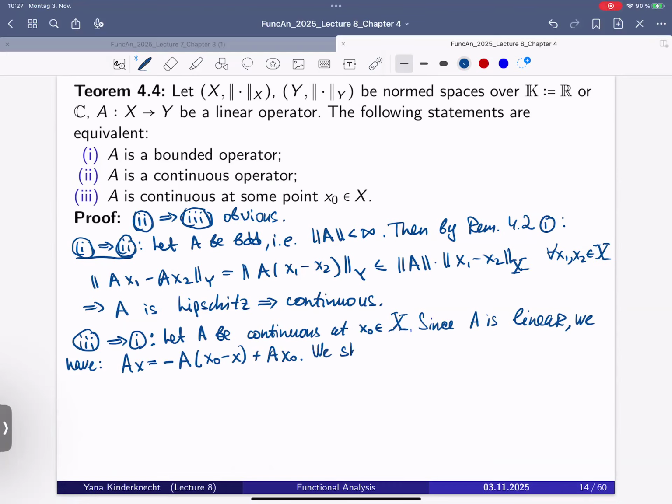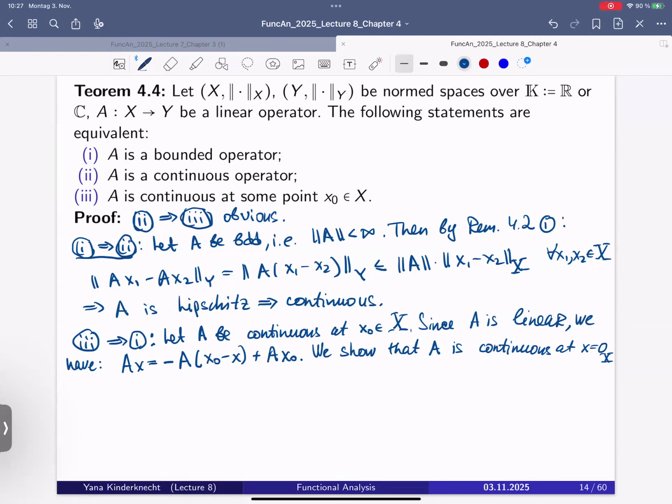We show that A is continuous at x equal to 0. Sometimes I denote this 0 as the 0 element in the space X, but let me ignore this subscript in the sequel.